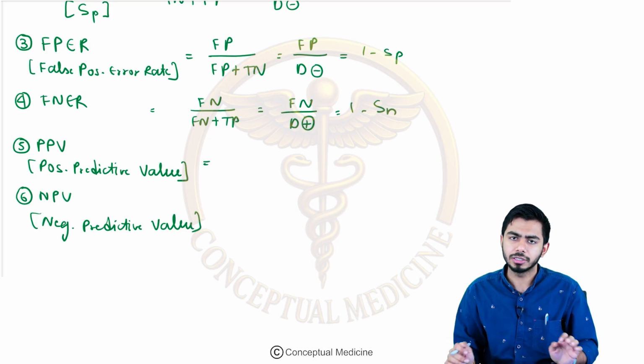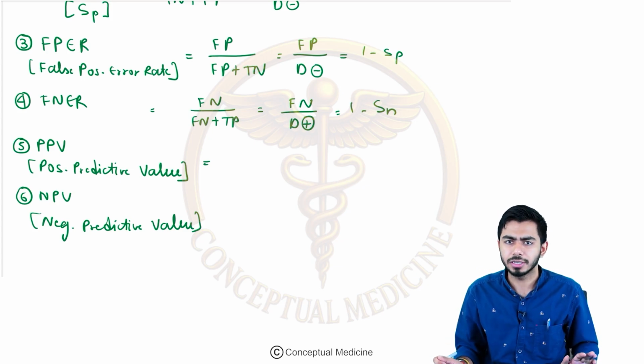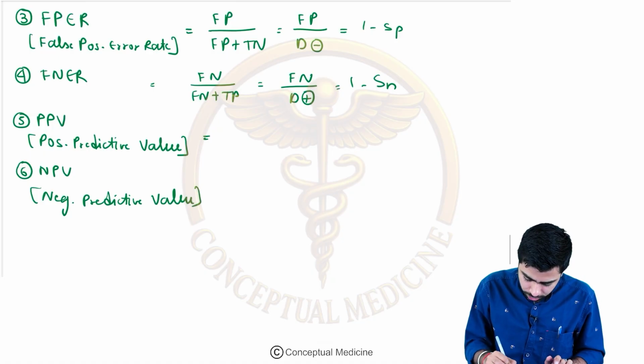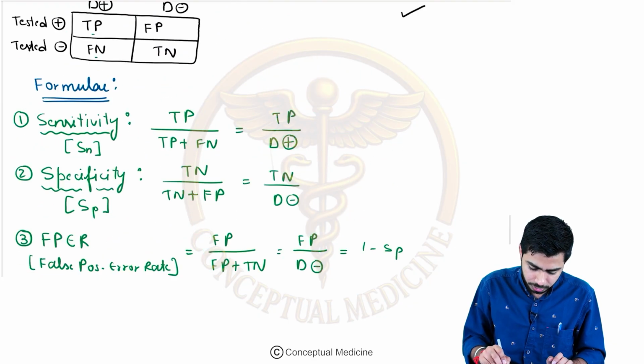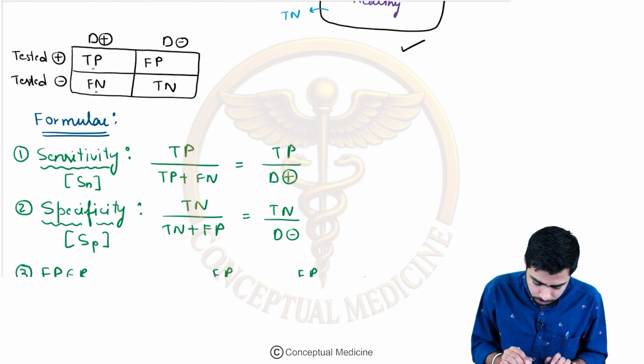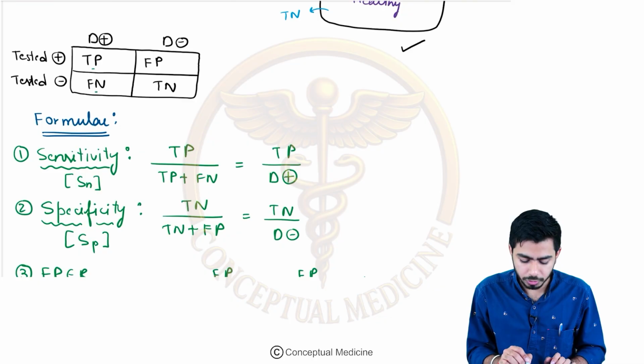So now for the positive predictive value, the formula is true positive divided by true positive plus false positive. And for the negative predictive value, I will say true negative divided by true negative plus false negative.